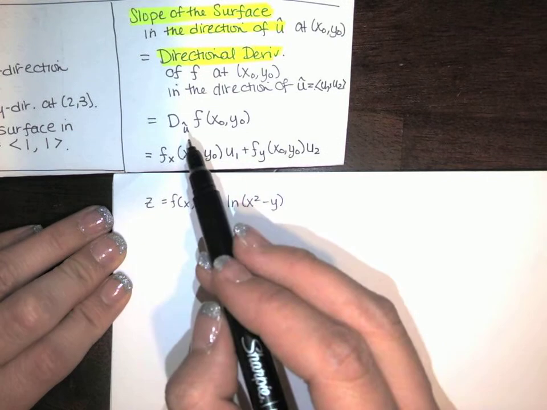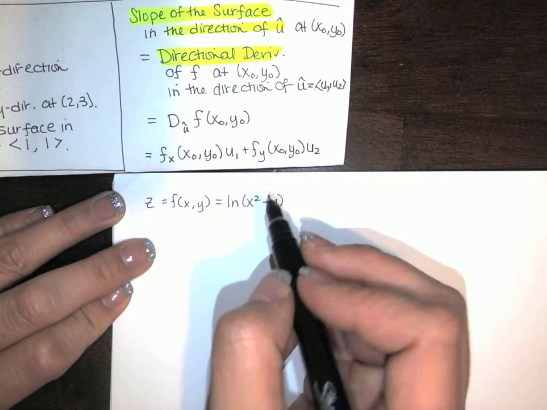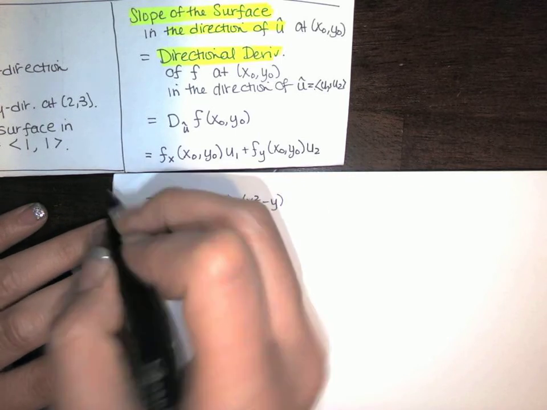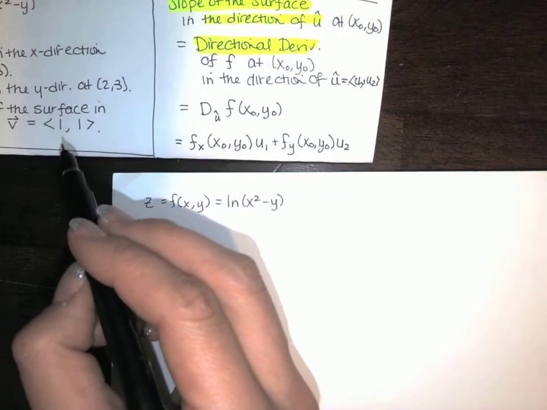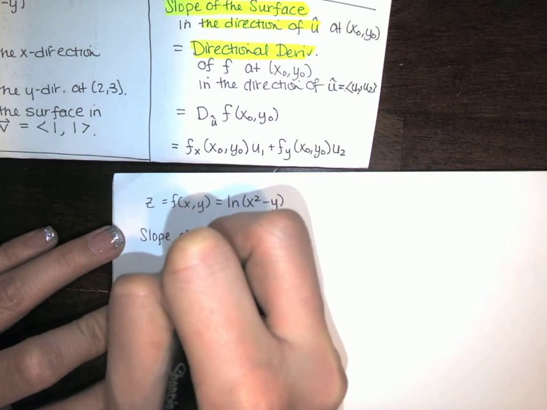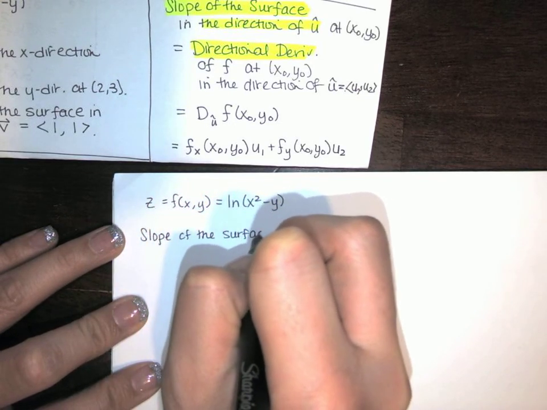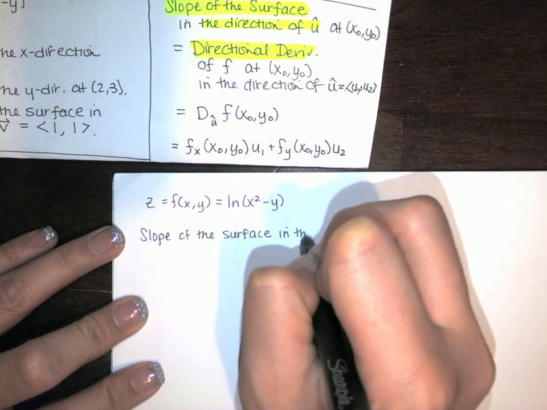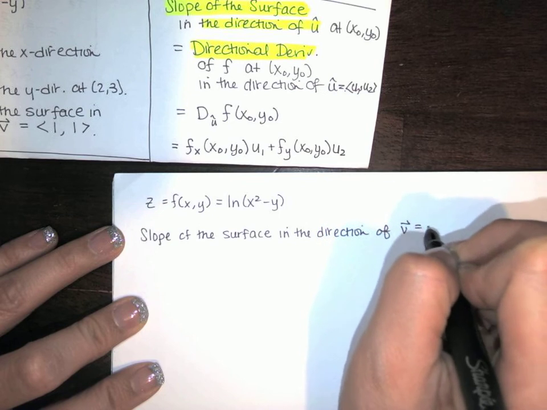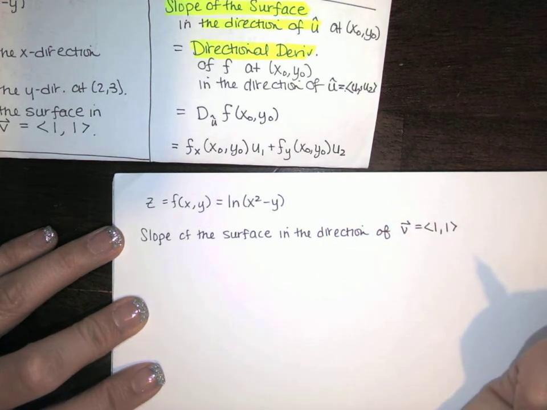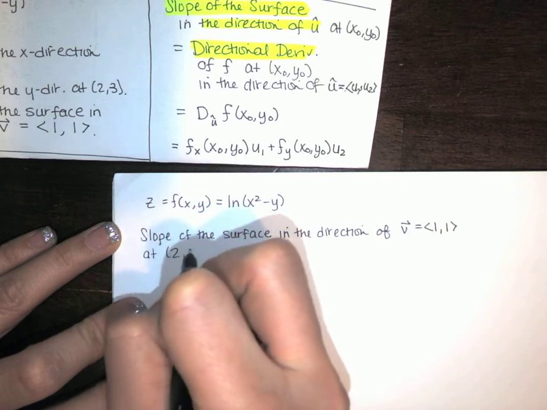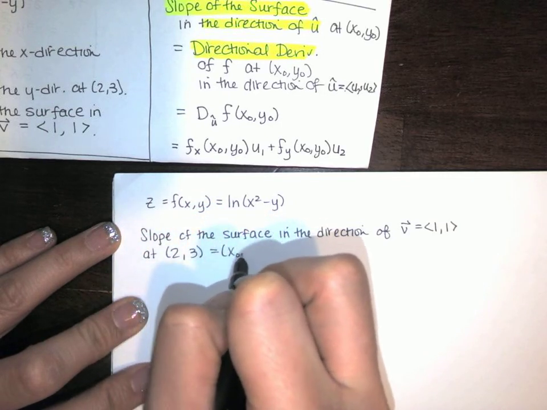And we want the directional derivative, or the slope of the surface, in the direction of this vector v equals 1, 1, at a particular point. So we're heading in this direction from the point where x equals 2 and y equals 3. That's our x naught, y naught.